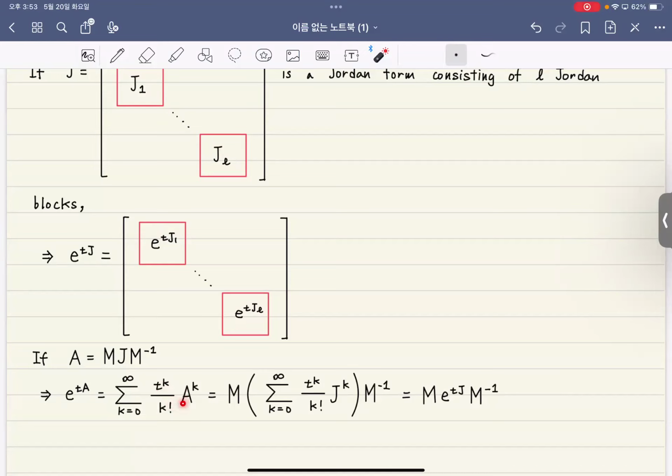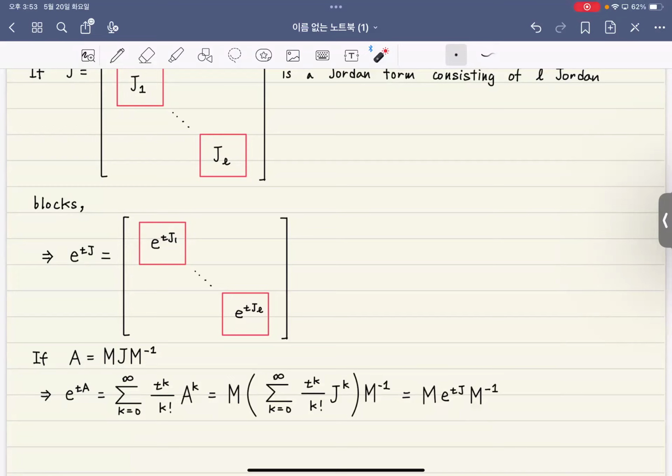But this A to the k can be replaced by M times J to the k times M inverse, and kicking M and M inverse out of this summation, this is what you get. This is the matrix exponential of the Jordan form, and you can compute this from this algorithm. So this is going to be your matrix exponential of the possibly non-diagonalizable matrix A.